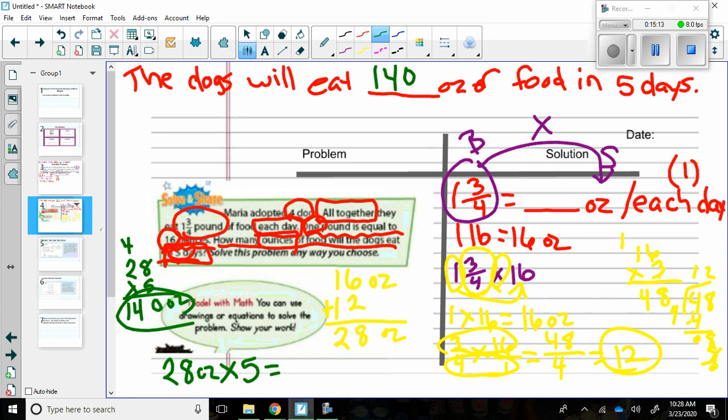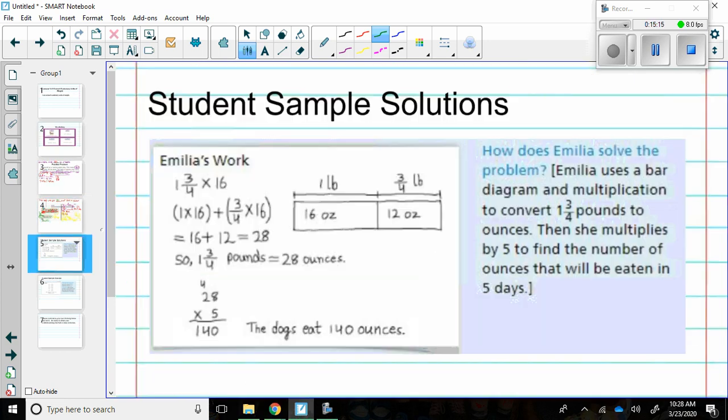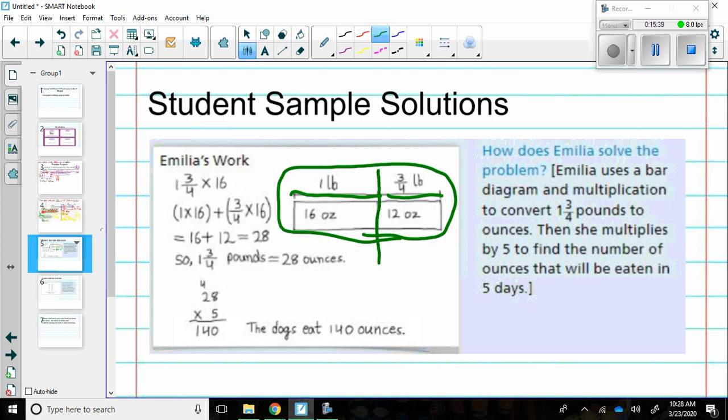Let's see how other students solve this problem. This is Amelia's work. Amelia used a bar graph or a bar diagram to show her work. She first started off showing that 1 pound and then the 3/4 pound of food. She converted each part into ounces. She already knew that 1 pound times 16 ounces equaled 16.